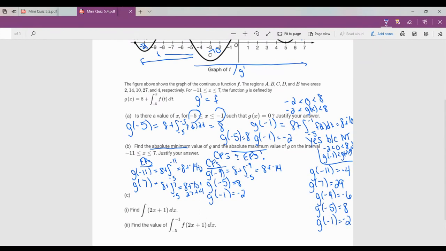Now we want to find the absolute max and absolute min. I look at my y values. My absolute minimum is negative 6.